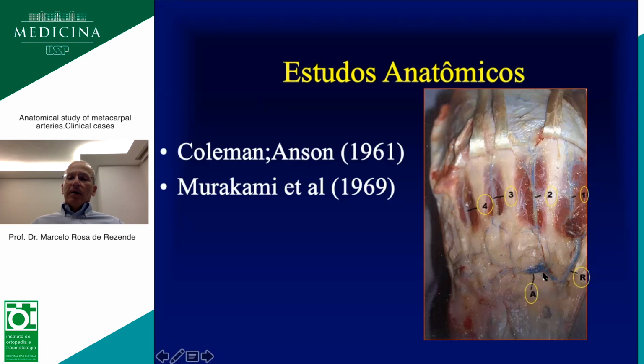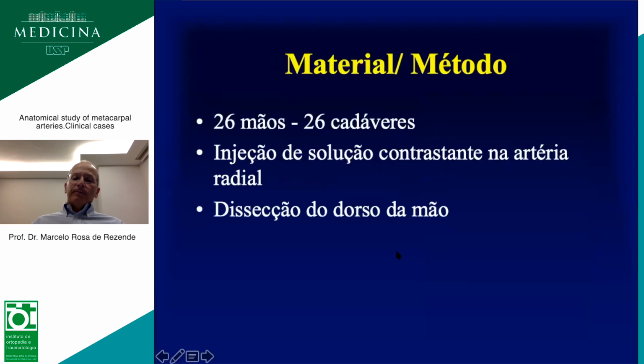From this arc come the second, the third, and the fourth metacarpal artery. I would like to remind you that the first metacarpal artery comes from the radial artery. It's a direct branch from the radial artery.